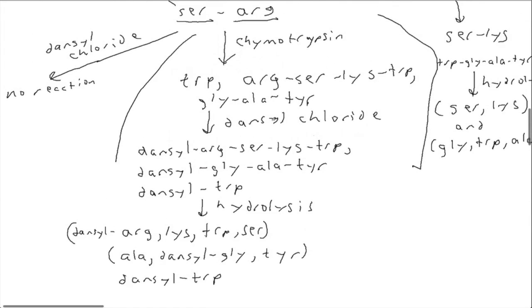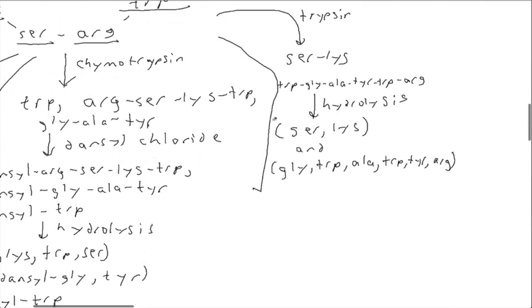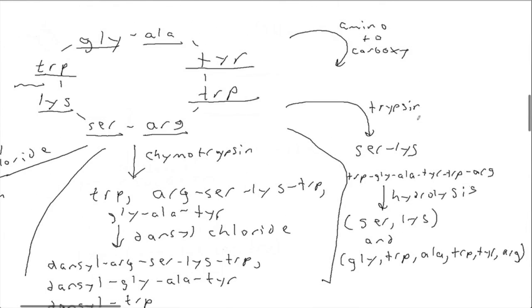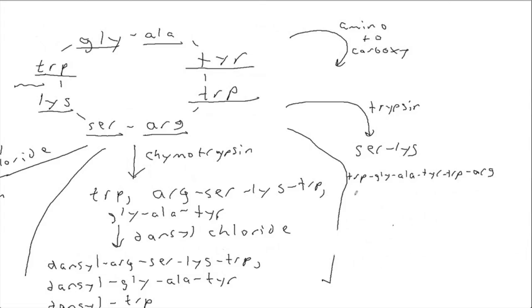Does that make sense so far? Yes. So what would happen if we applied Dansyl chloride to the trypsin fragments? Suppose we use trypsin first and then we apply Dansyl chloride, what would we get? We would get Dansyl serine first and then Dansyl tryptophan first.